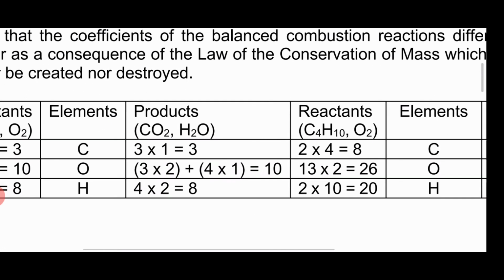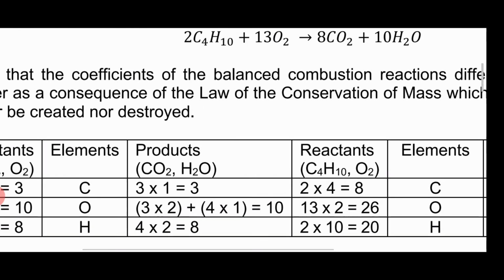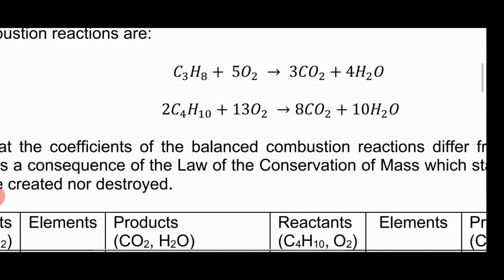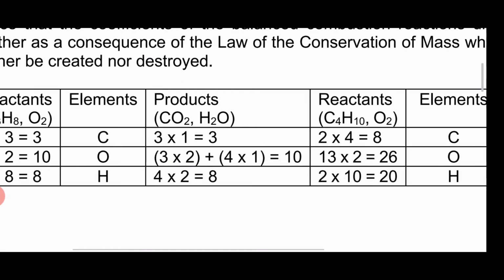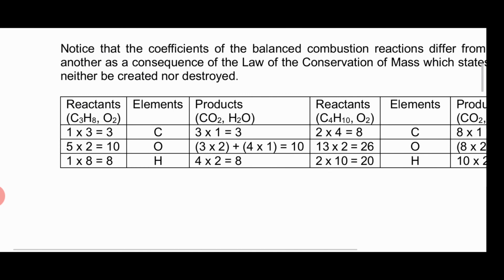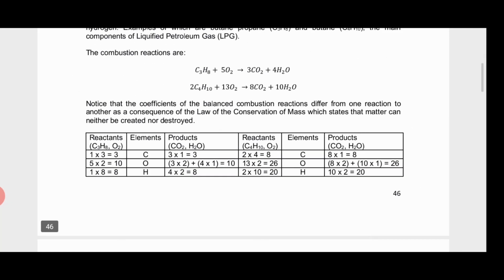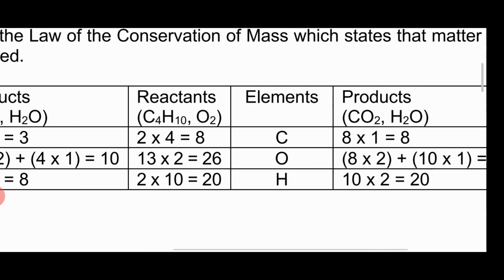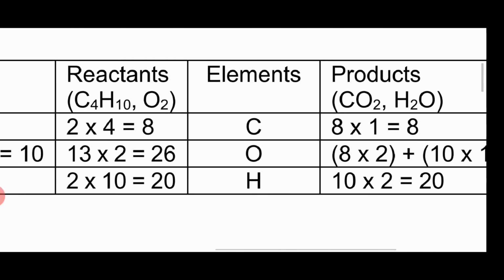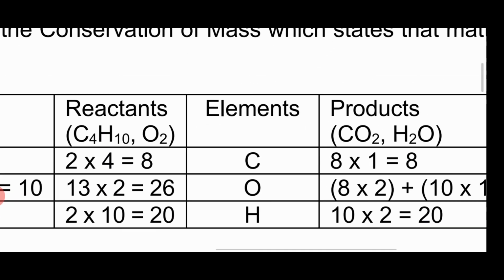For hydrogen, you have 4 times 2. So carbon is 3 on both sides, oxygen is 10 on both sides, and hydrogen is 8 on both sides. So this is a balanced reaction.